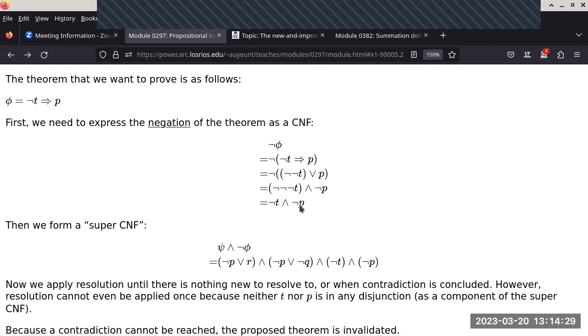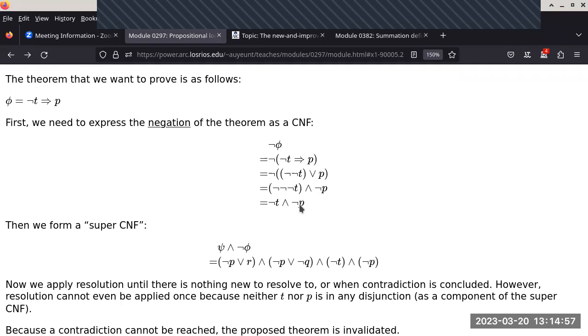Are we doing okay so far? Is everybody buying that not T and not P is a conjunctive normal form? In other words, I can now claim this is a conjunction of disjunctions. It's a trick question because I'm expecting people to say, but I don't see any disjunction here. That's okay.